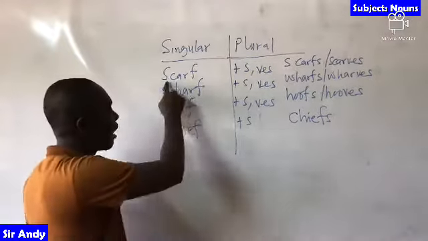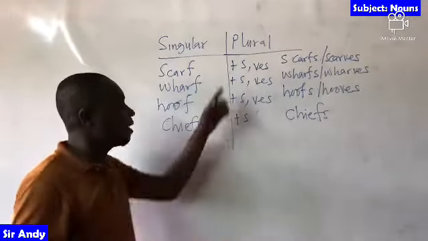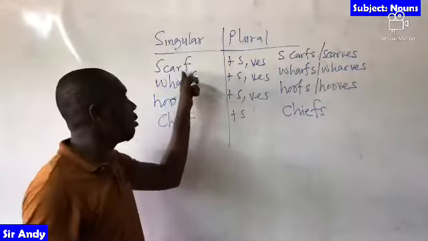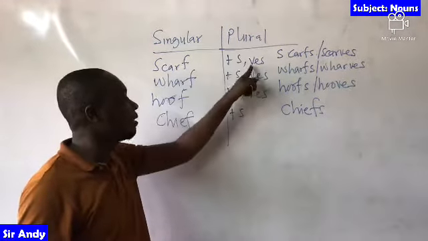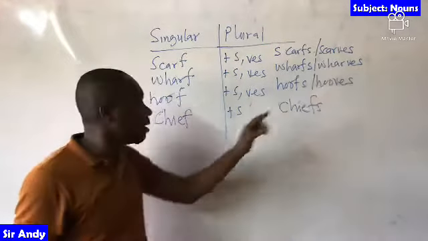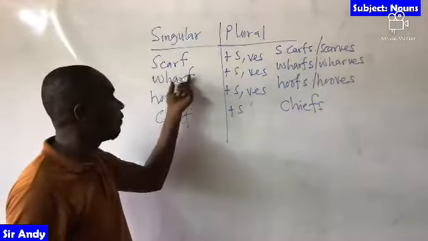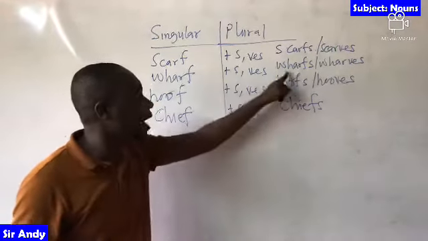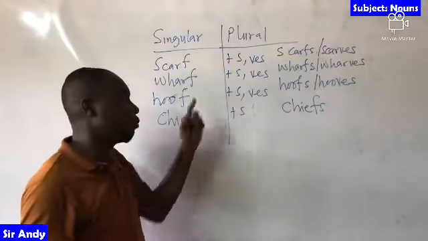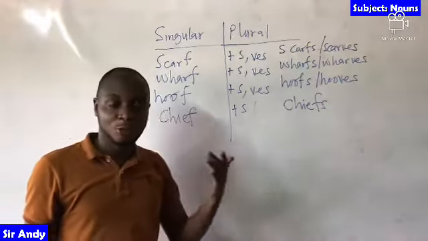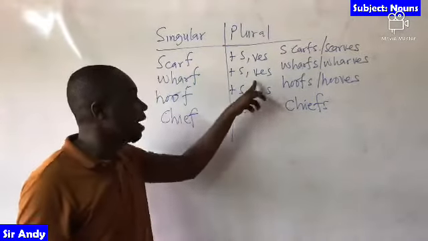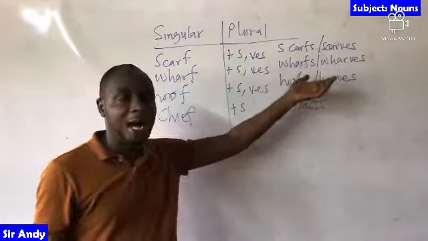So as we have scarf, you can add S to it and it becomes scarfs. And if you want to do away with the F, you add VES to it and it becomes scarves. The same thing goes for wife. You add S, it becomes wifes, as you could see here. And if you want to do away with the F, probably to show off the plural sense very well, you add VES, it becomes wives.